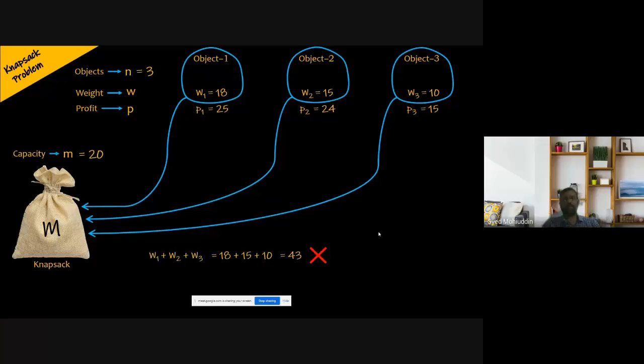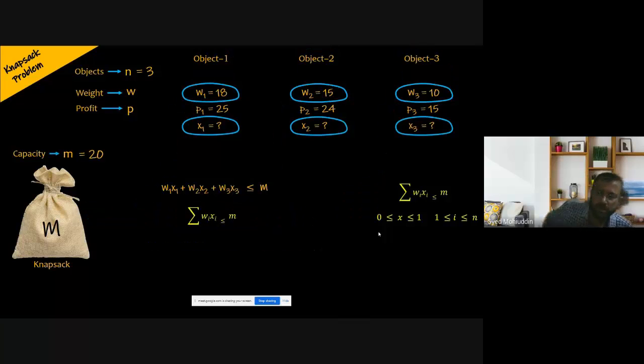There is a capacity. So we have to fill the knapsack with these objects to earn a higher profit. Now let us look at how we come to the solution. We say there are x1, x2 and x3. X is nothing but a fraction. What will be the fraction? We have question marks here because we don't know what fractions x1, x2, x3 will have.